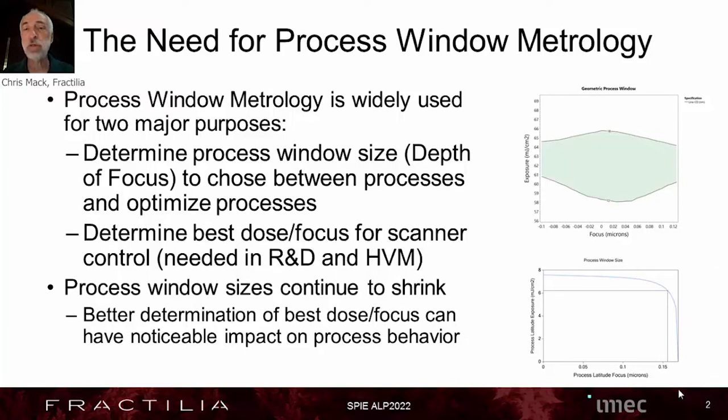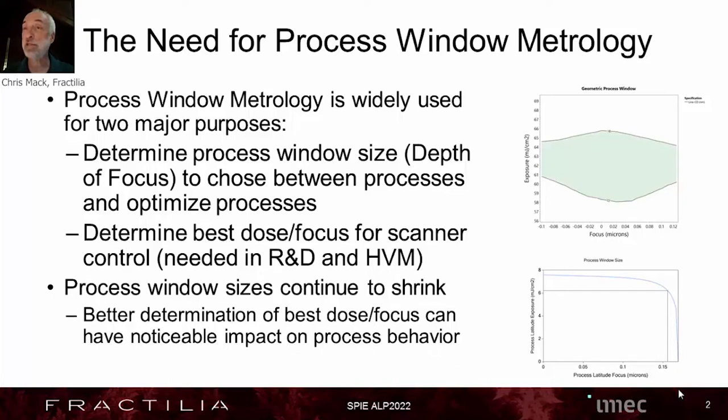But it's also used to determine best dose and best focus for our scanner. We use that, of course, in R&D, but especially in high-volume manufacturing, centering your process in the middle of the process window is critical to getting the maximum yield out of your lithography process.